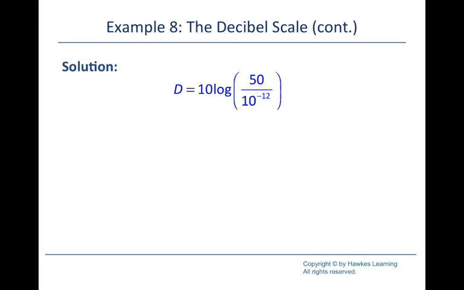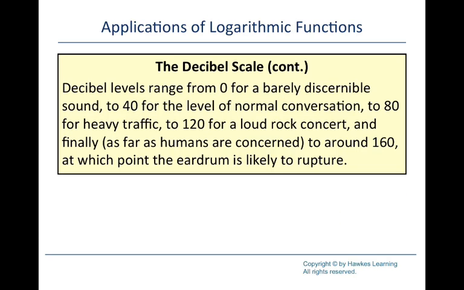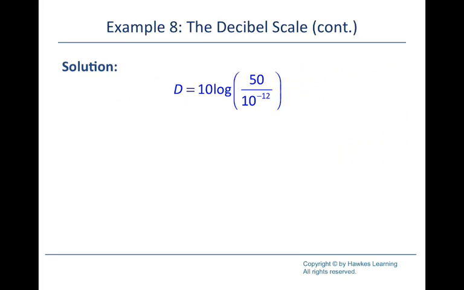So we have 50 over 10 to the negative 12. Yeah, 10 is part of the original formula. Okay? So we have 10 times log of 50 divided by 10 to the negative 12, which ends up being 5 times 10 to the 13th. Take the log of that, which is the log of 5 plus the log of 10 to the 13th.